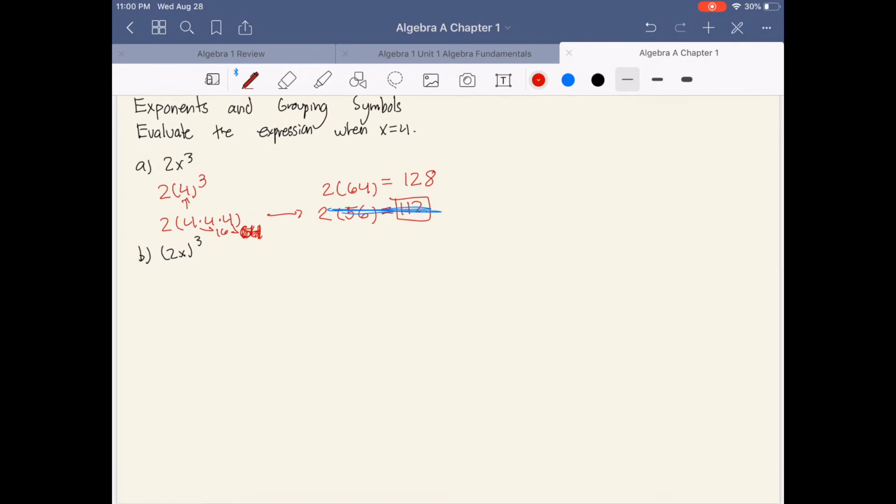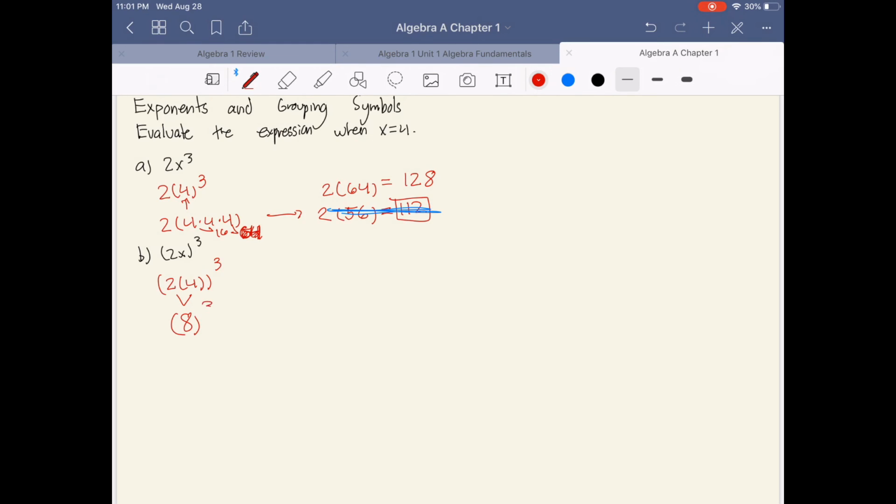Now, let's move on to B. So, parentheses 2x to the third. We replace x with 4. So parentheses 2 times 4, then another parentheses raised to the third. So what do you solve first? You solve first what's in the parentheses. So 2 times 4 is 8.